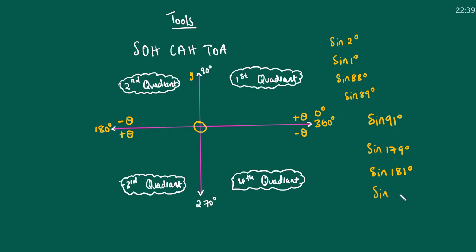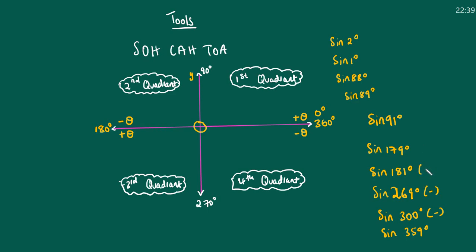And let's say sine 269 degrees. Negative. Okay, and then let's say sine 300 degrees. Negative. And then let's say sine 359 degrees. Let me be writing them here. It's negative.